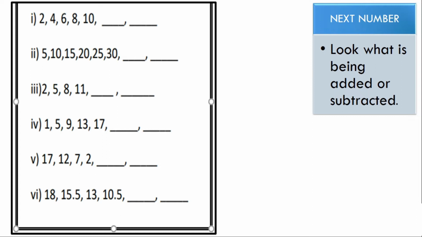Next number, look at what is being added or subtracted. Here, if you're asked to complete these blanks, you should know what is being added or subtracted. The first sequence is pretty simple. Every time you're adding a +2, so you call the common difference here +2. And always remember, D is given by the second term minus the first term.